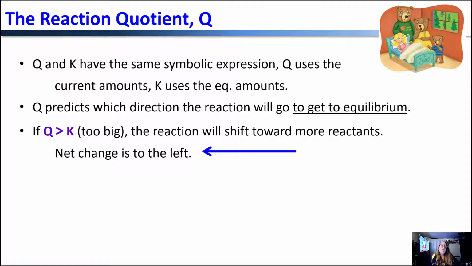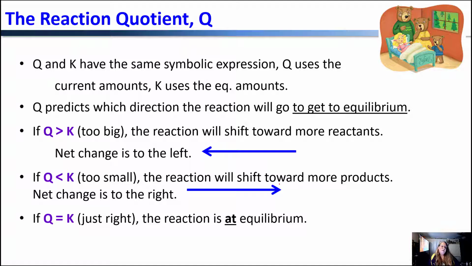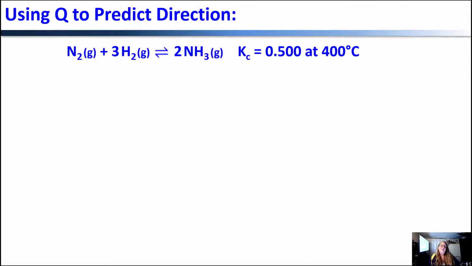So we have a lot more product than we have reactant, so it is going to go towards the left. And if Q is less than K, then that just tells us we haven't reached equilibrium yet. Everything is still progressing to the right. And if Q equals K, then we know we are at equilibrium. Then Q is K.